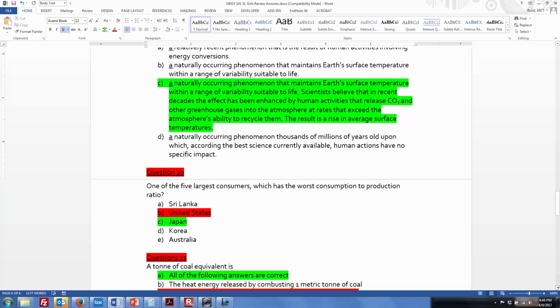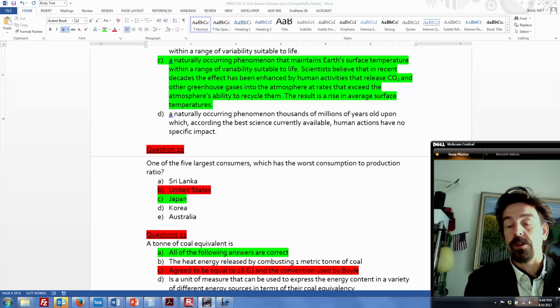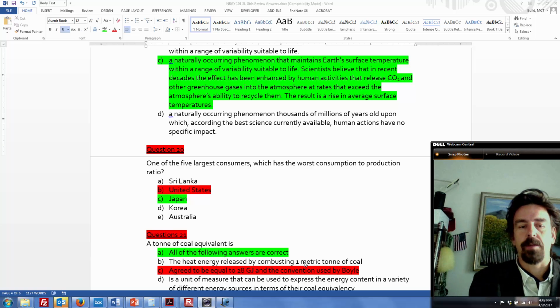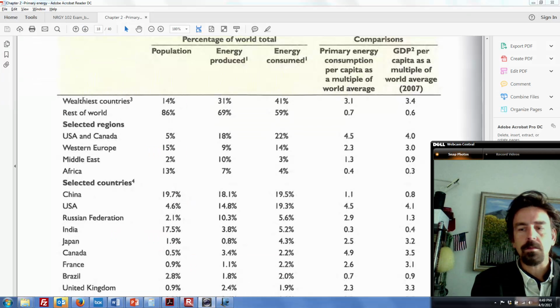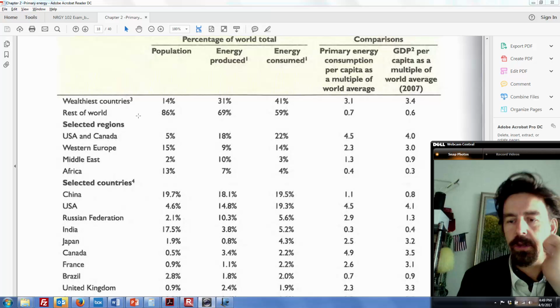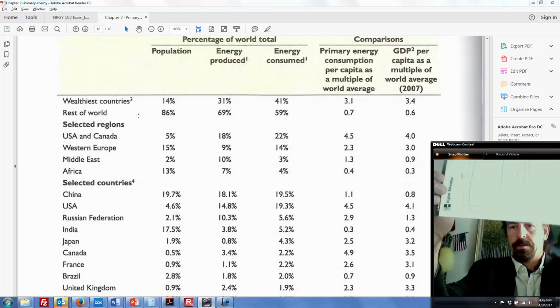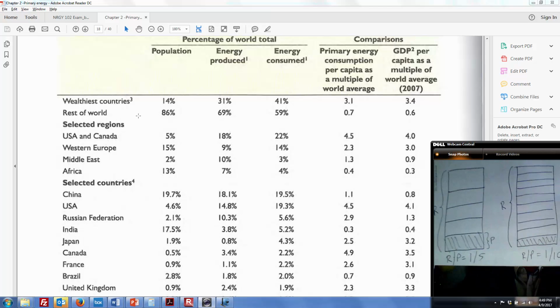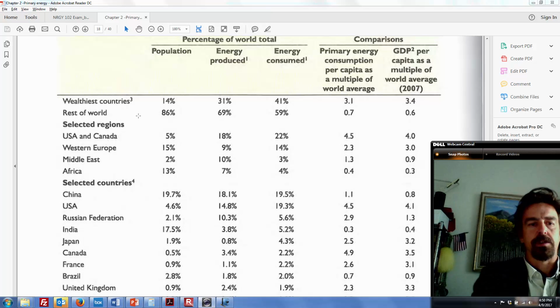Question 19. Of the 5 largest consumers, which has the worst consumption to production ratio? Oh, okay. Let me show you a table. Okay, so now we're looking at the RP ratio. Remember this?